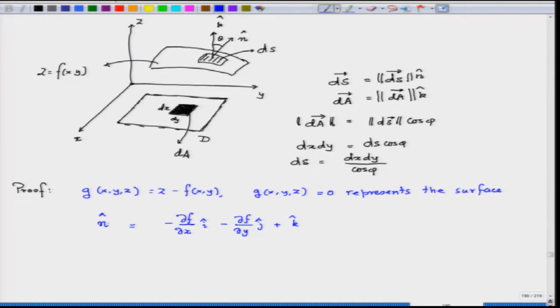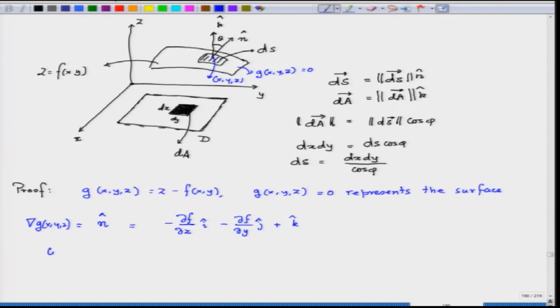So, the normal vector itself can be viewed as a gradient vector. If this is my g(x, y, z) equal to 0, my gradient is of course along the normal at the point (x, y, z), and the gradient computed of g will be exactly along the normal to this surface. So, I can take this gradient vector itself, grad g, as my normal vector.